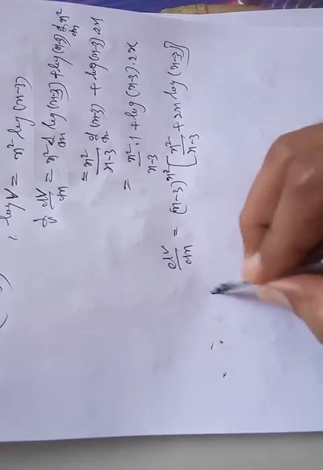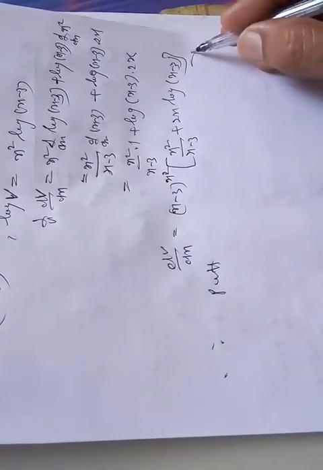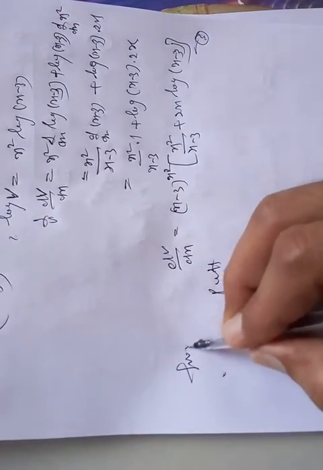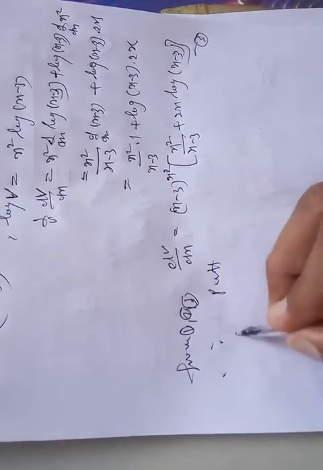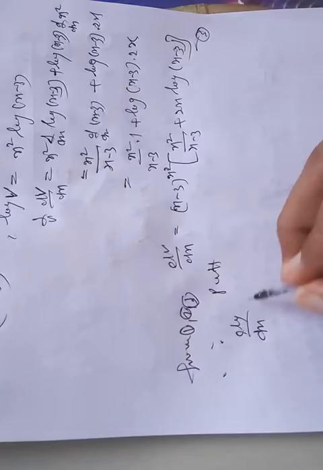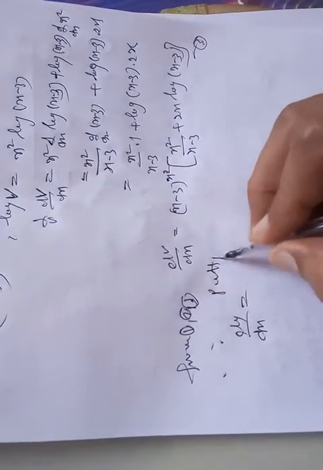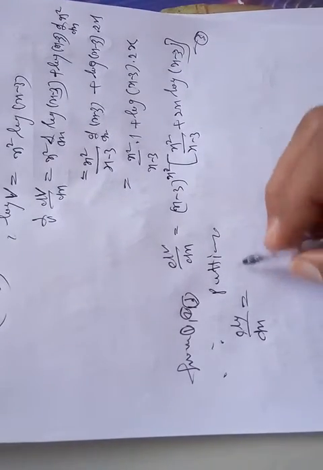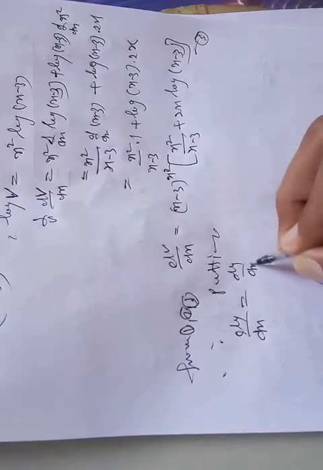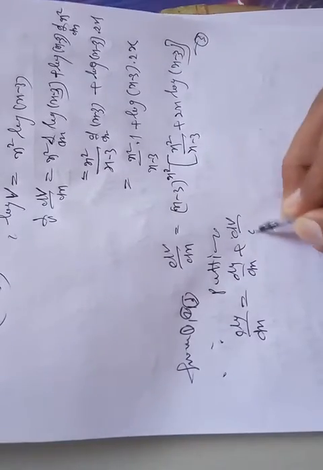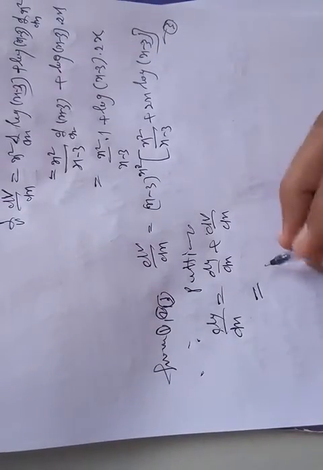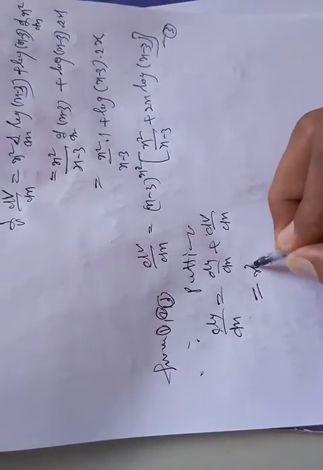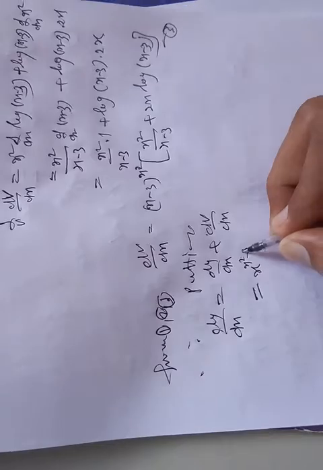Now putting this, equation number 3, from 1, 2 and 3: dy/dx equals du/dx plus dv/dx.